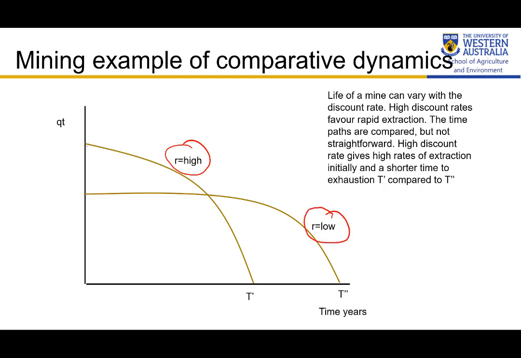So with a high discount rate, extraction, which is Qt, so the time path is this one here, and we can see that extraction starts high and then falls rapidly, and the stock is exhausted at time t dash.